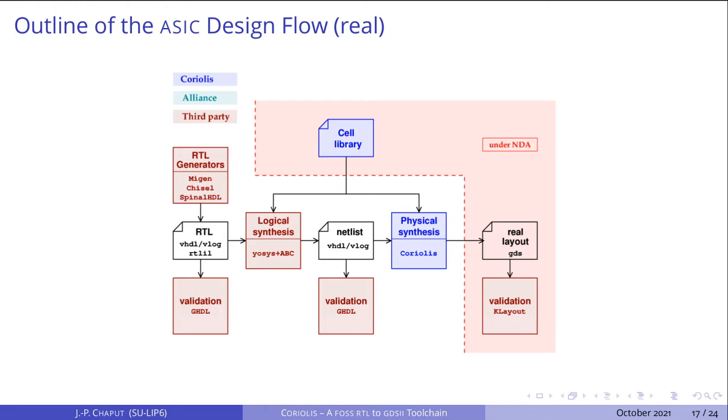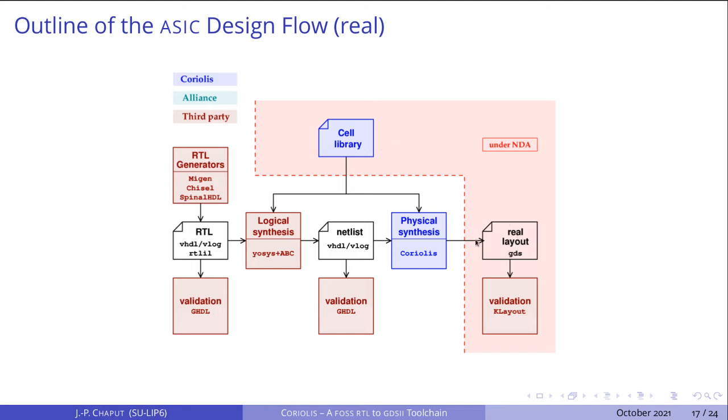The real design flow is somewhat shorter. It starts the same as the symbolic flow, but the logical synthesis and the physical synthesis must use a cell library which is proprietary, or at least non-publishable.